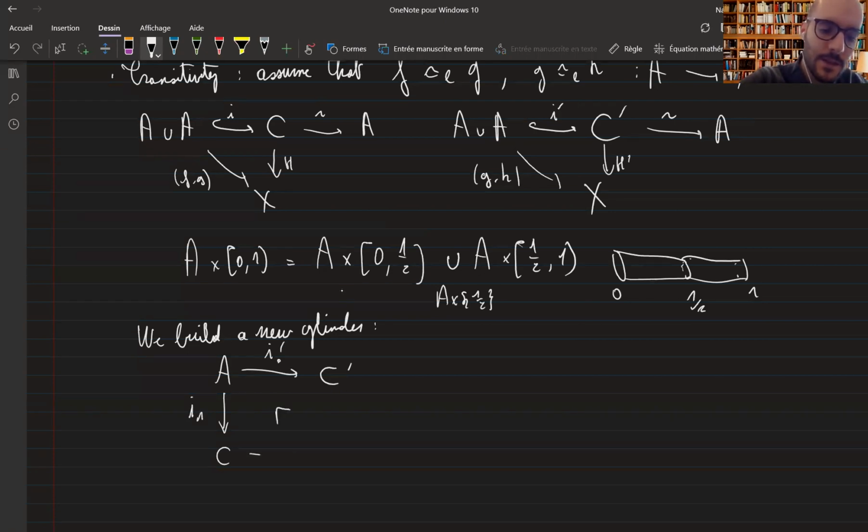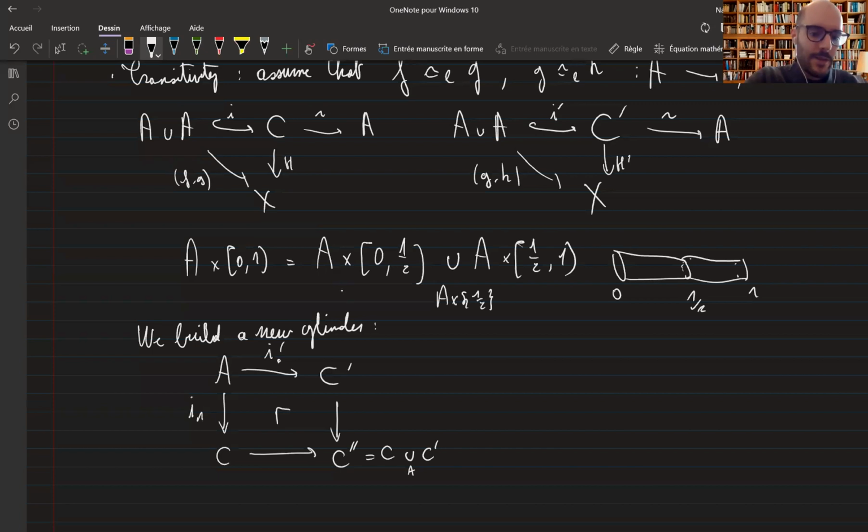And we define as a push out C secant, which is C union A C prime, but you have to be careful that you glue the last part of C with the first part of C prime. All right?